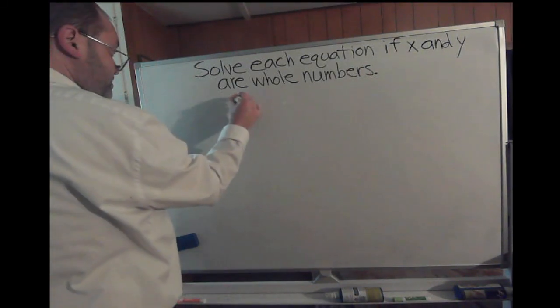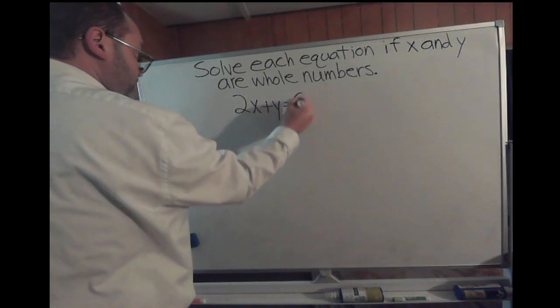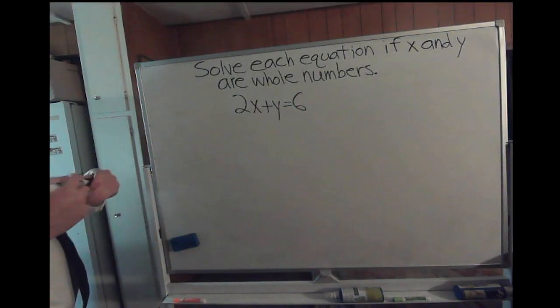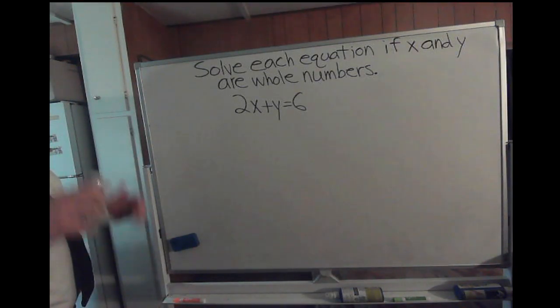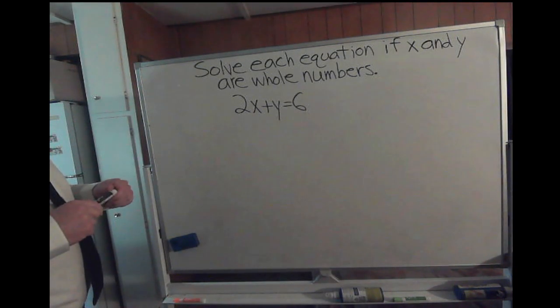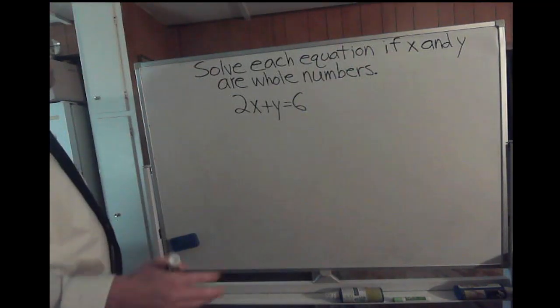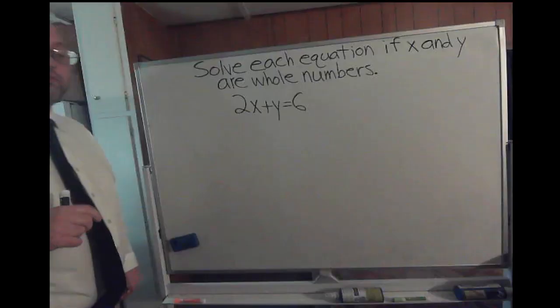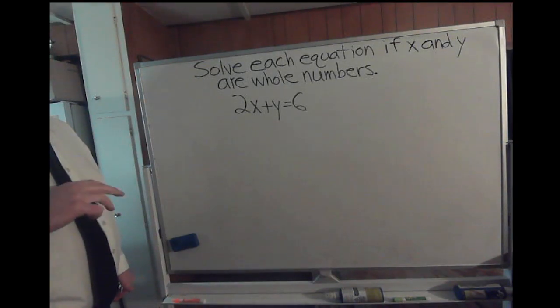We'll start with 2x plus y equals 6, okay? This time they don't give you ordered pairs, but they want you to solve the equation if x and y are both whole numbers. If we remember, whole numbers are 0 and greater. They're your counting numbers.